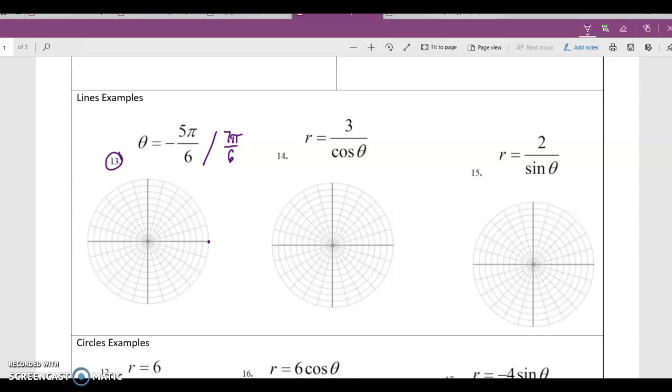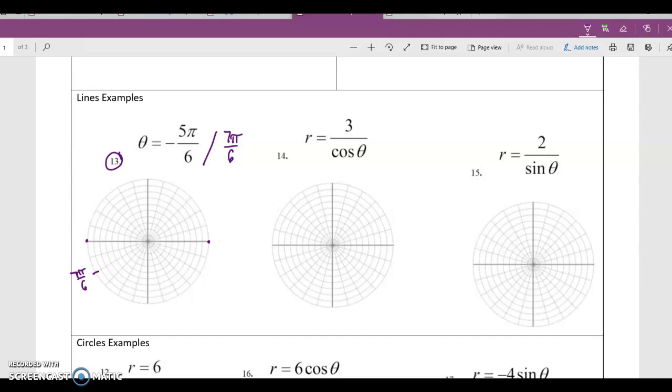So we know this right here is 6 pi over 6, and then 7 pi over 6 is right here. I know that this doesn't look like the normal circular graph that we have, but if you break it up, that's how it's measured out. So we know that our theta is equal to 7 pi over 6.